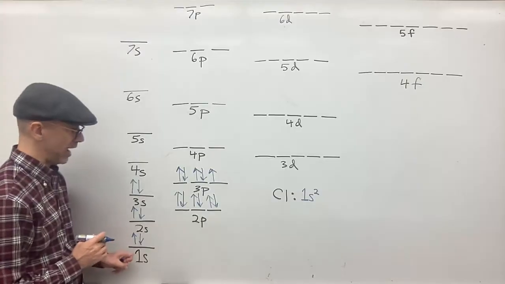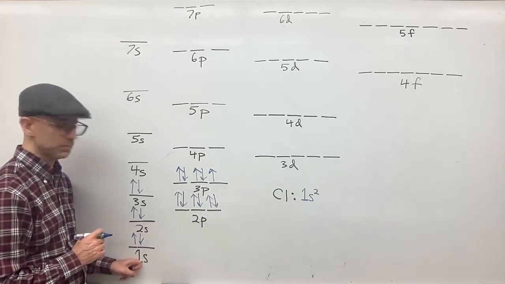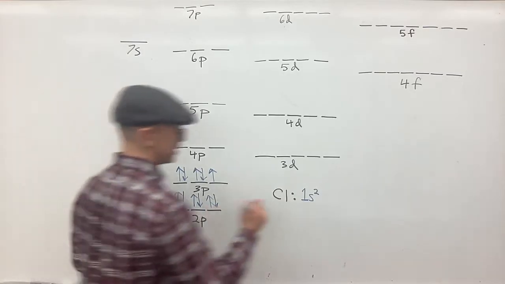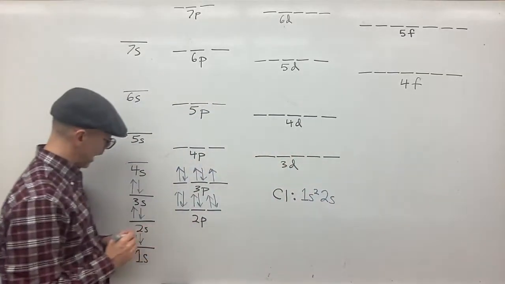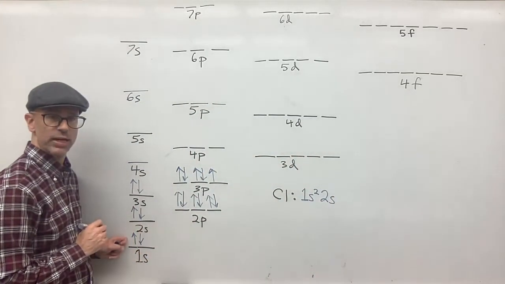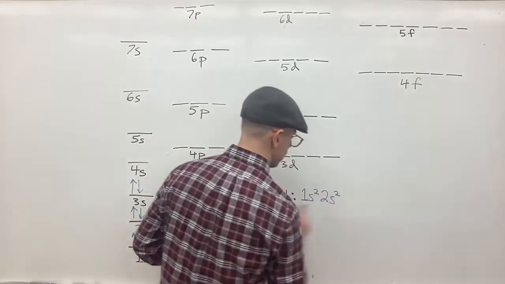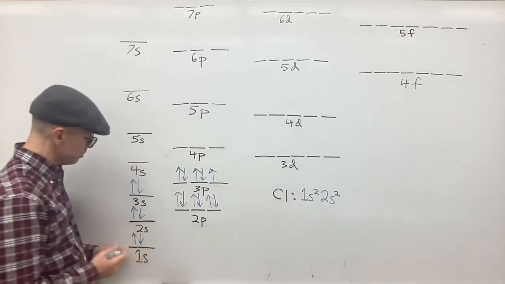So that means that I have 2 electrons in this 1s sublevel. Now I go to the 2s. So next I write 2s. How many electrons do I have in the 2s? 2. So I put a superscript 2 for the number of electrons I have at that sublevel.